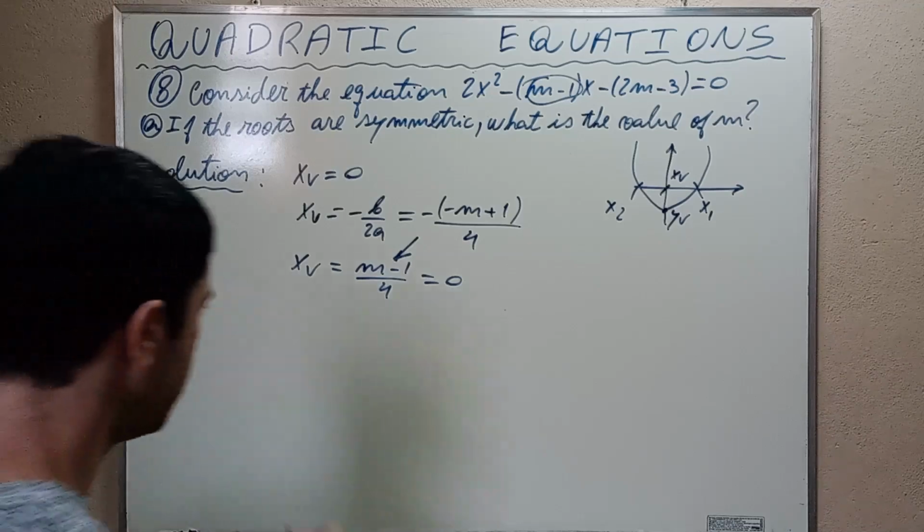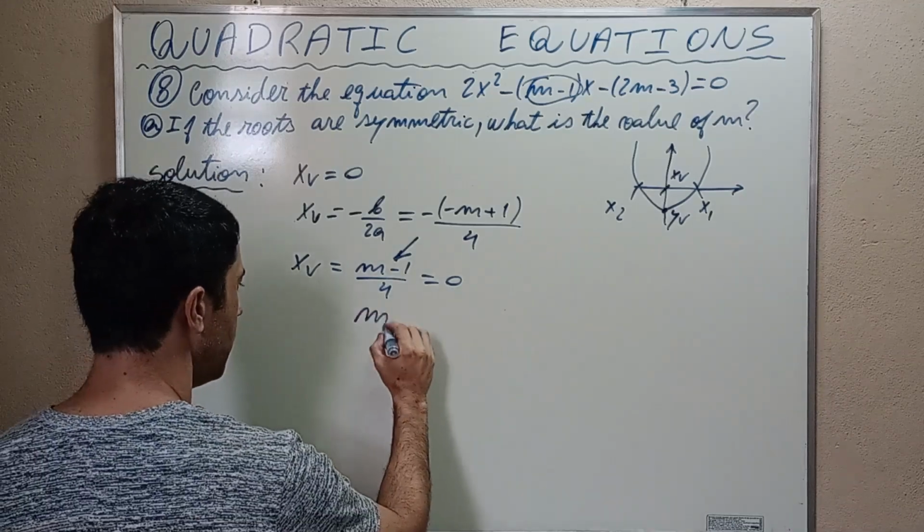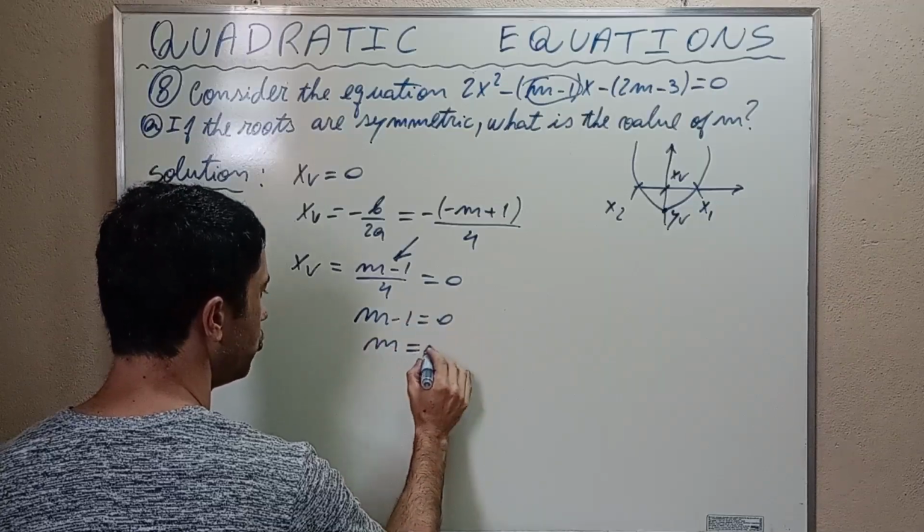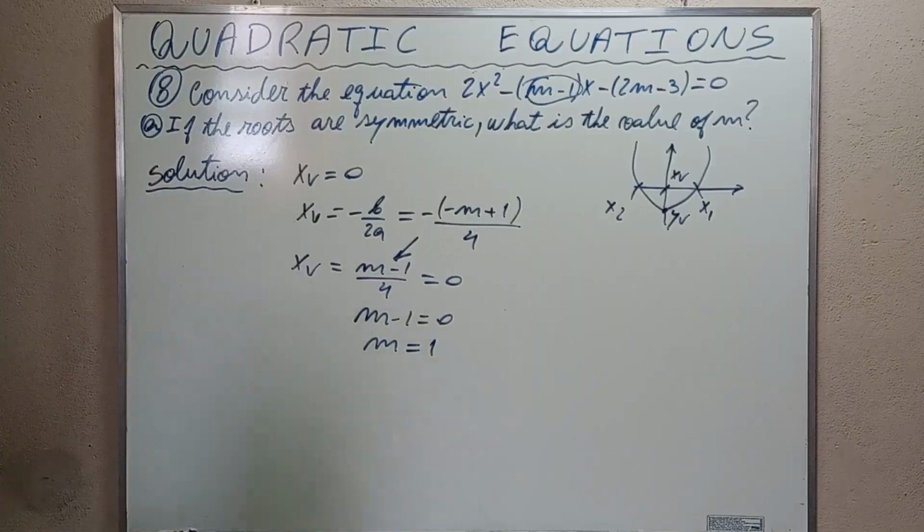And in this way, m minus 1 has to be equal to 0 and m equal to 1. This is the value of m for which the roots are symmetric. Okay, my friends, this is letter A. Let's go to letter B.